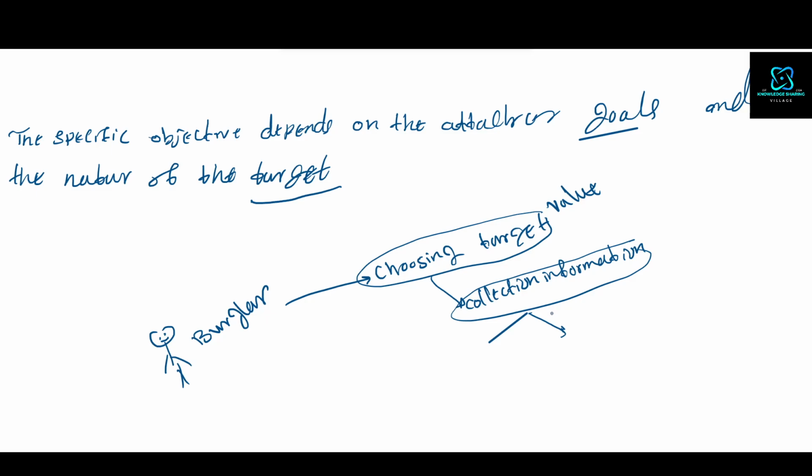So imagine a burglar choosing a target based on the value of items inside and the ease of breaking in. The attacker deploys malware based on similar considerations. So the attacker maybe has a high bar or high goal. For example, they choose the target.